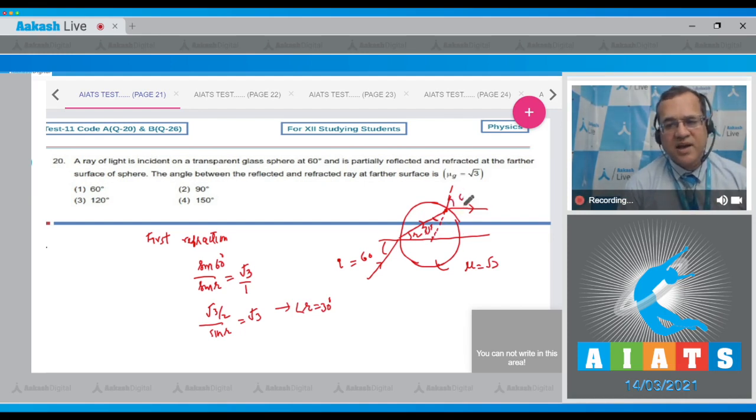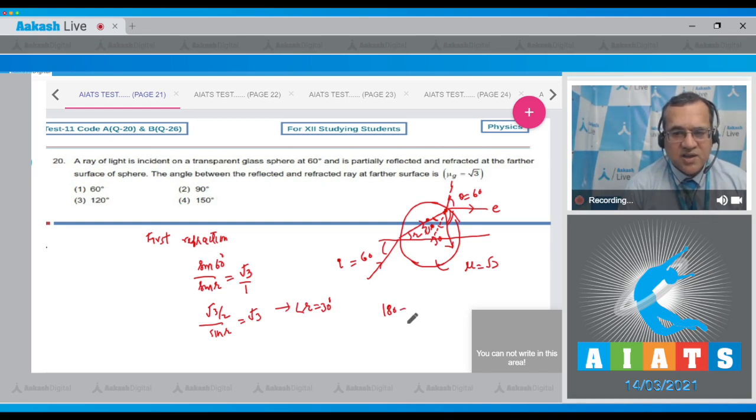Now what is this angle? You can find it again by the same rule. This is 30, so this angle becomes 60 degrees. So for the emergent ray, this angle is 60 degrees. And the ray which is reflected from here, this angle will also be 30 degrees. Now this angle is required. Look at this one: this total angle is 180 degrees.